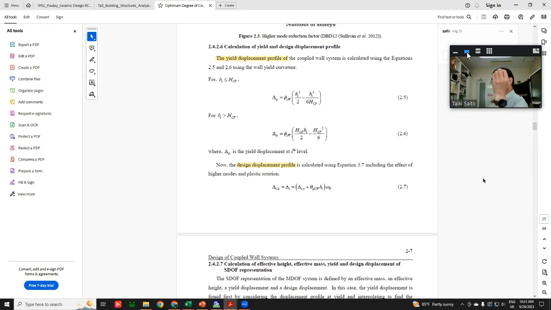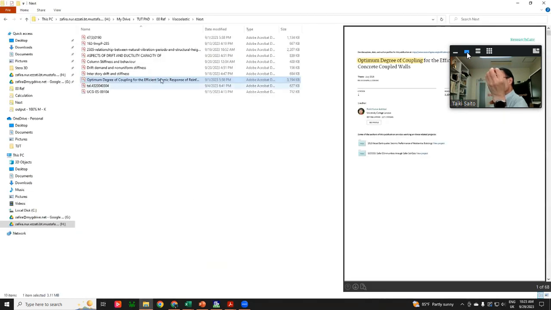So can you use the original El Centro? No, we changed to artificial. We already changed to artificial El Centro and artificial Kobe, so both have the same response spectrum.